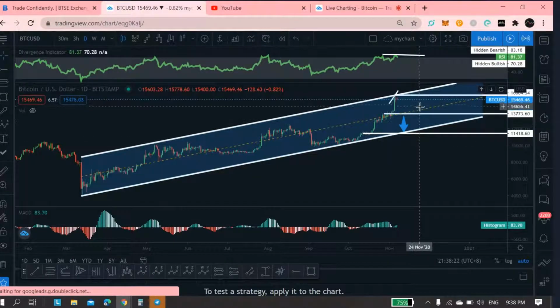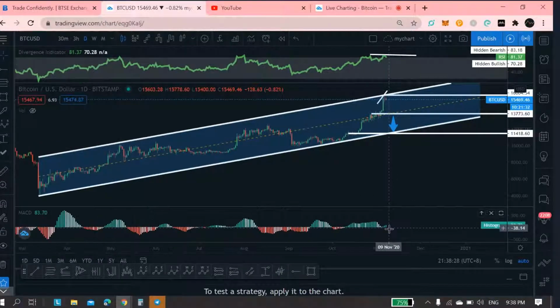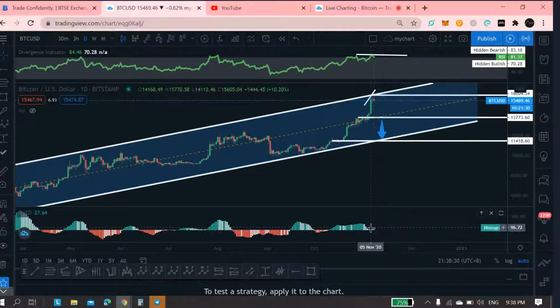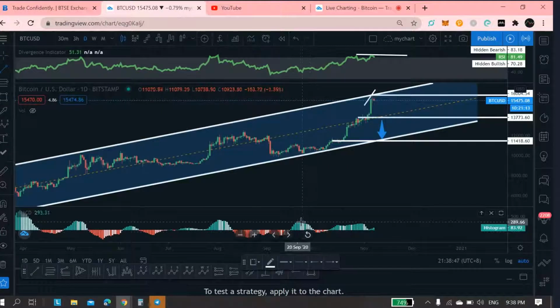And if you look at the histogram of the MACD, it's actually forming green. This is not yet confirmed, but it is actually also a possible bearish sign.